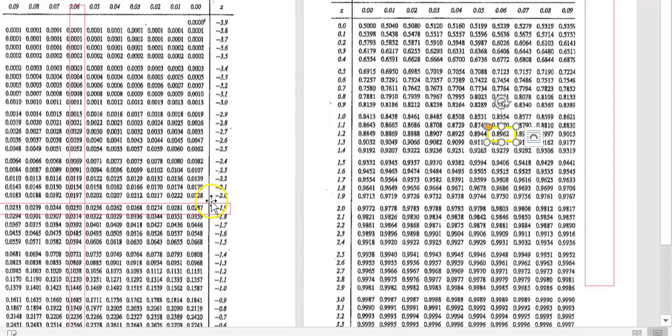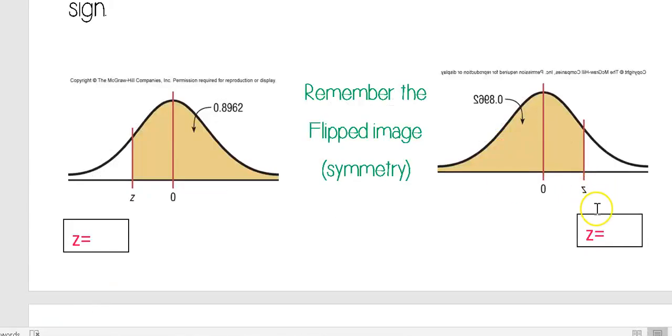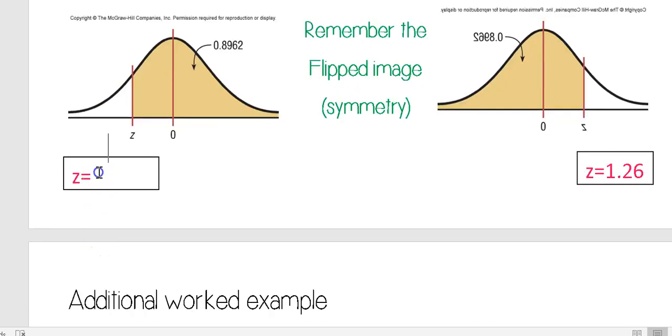And so I follow out this row, and I need the column as well. And they intersect at positive 1.26. So going back to my problem, if this is my picture, then my z-score is 1.26. If this is my picture, my z-score, I'm going to beat you to it, is negative 1.26.